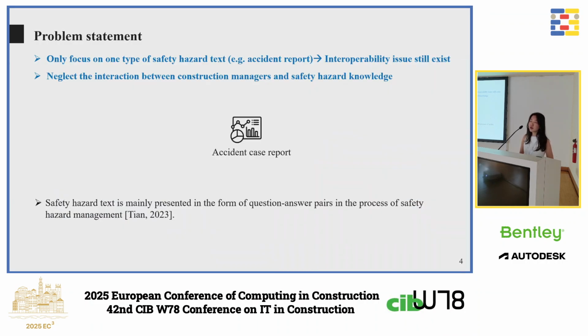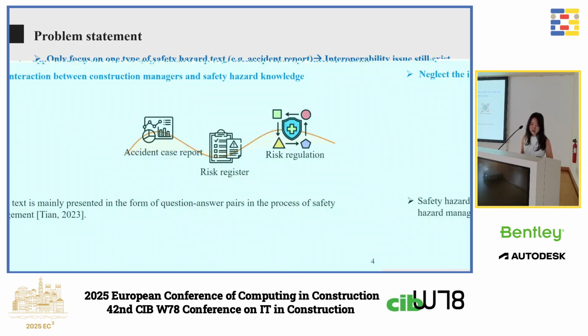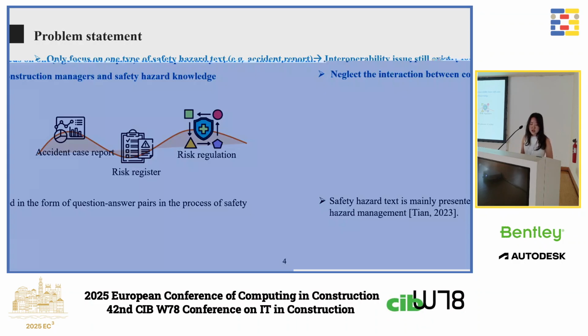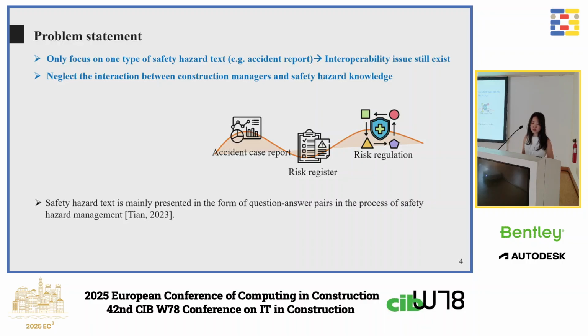But existing researchers mostly focus on only one type of safety hazard text, such as the accident report, while there are other types of knowledge, such as the risk register and the regulation. So with the current knowledge modeling, the interoperability issues still exist.